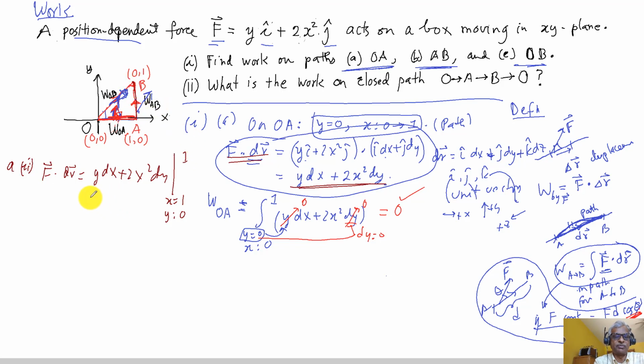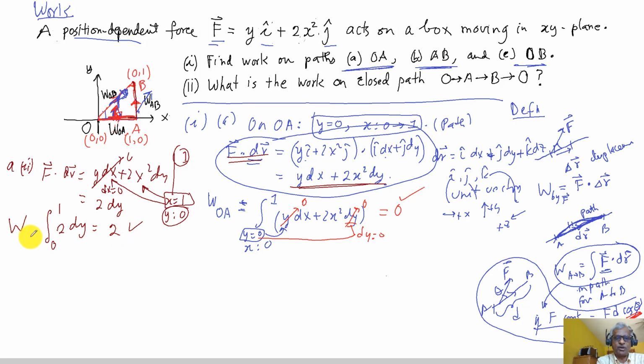So on the path x equal to 1, dx equals 0, since x is not changing, so this term is 0, but this one is 2 dy. Now if I do the integral from 0 to 1 of 2 dy, it's 2. So the work from A to B is this.